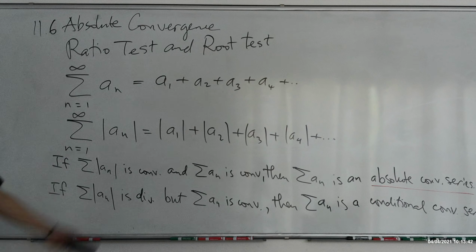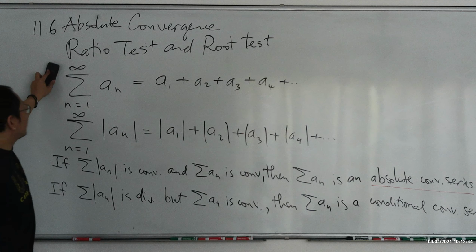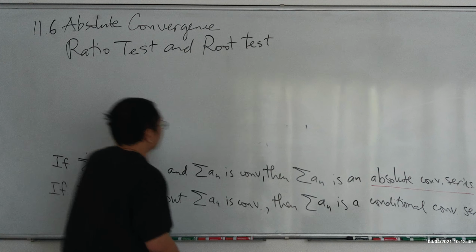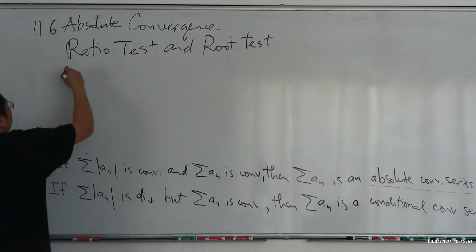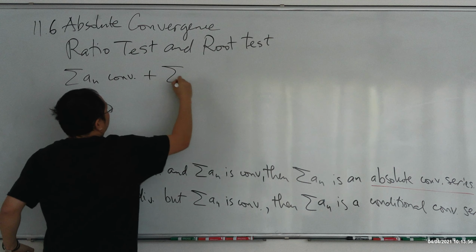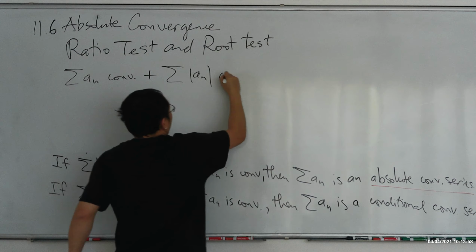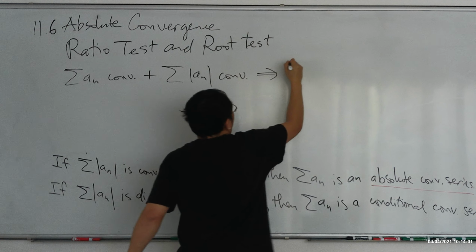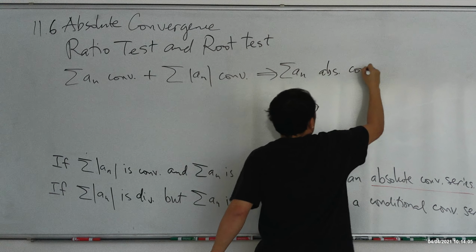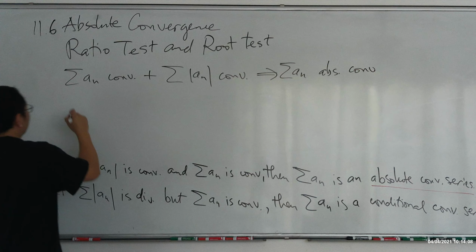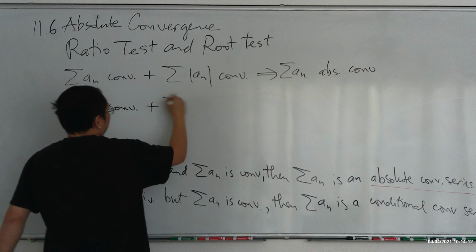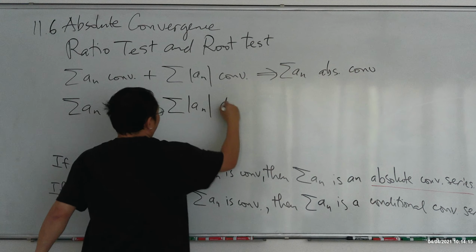Alright, so usually I don't write that much, it's just a lecture, but let me try to make it short. If the sum of a_n converges and the sum of the absolute value of a_n converges, then we say that the sum of a_n is absolutely convergent. And the second one, the sum of a_n is convergent, but the sum of the absolute value of a_n is divergent.